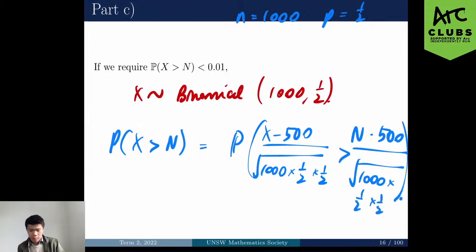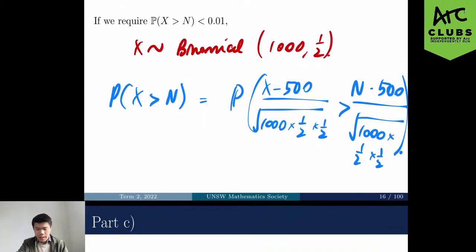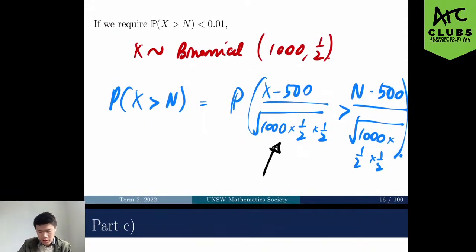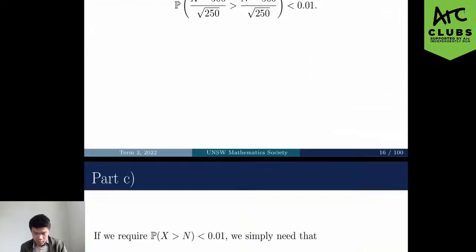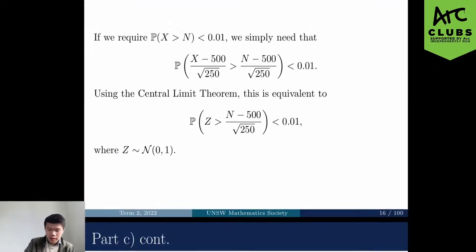And that's pretty good. Okay, so that means we've converted this thing to just a standard random variable Z, and this thing over here becomes an expression in terms of n.